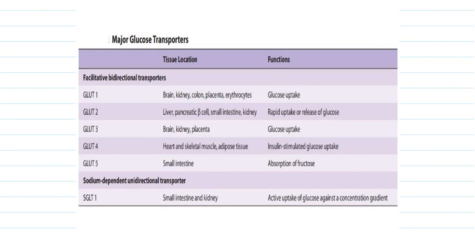Sodium dependent unidirectional transporter 1, present in the tissue of small intestine and kidney, will do an active uptake of glucose against a concentration gradient. So basically these are some of the transporters that are present in our body to transport the glucose inside the cell, inside the cytosol, where the glycolysis can occur.